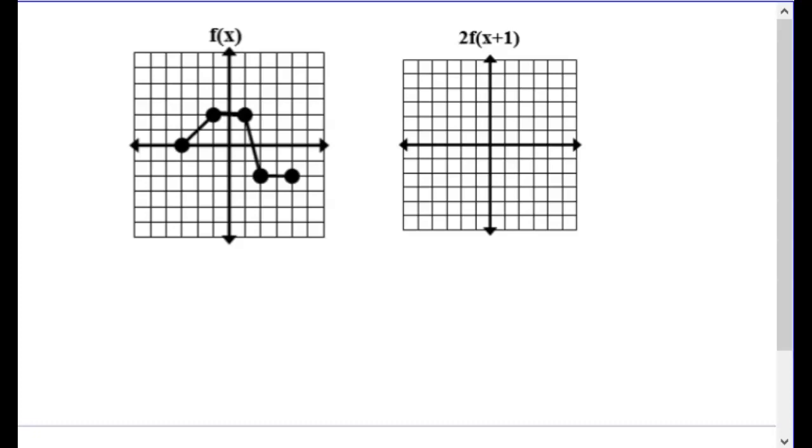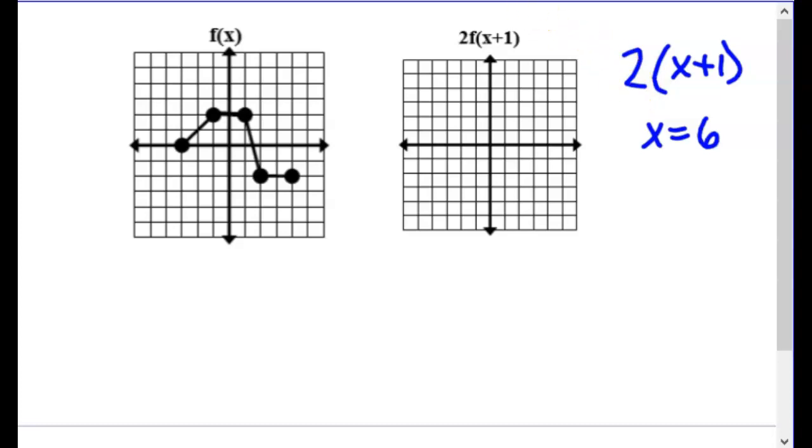All right, we have 2 f of x plus 1. I'll do the first one in blue. Which is the first thing we need to do? If I told you 2x plus 1 and I said put in an x equals 6, what would you do first to it? Order of operations, say you would add the 1 and then multiply by the 2, yes?